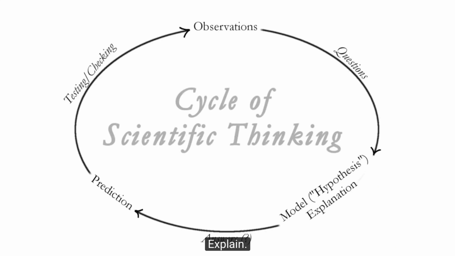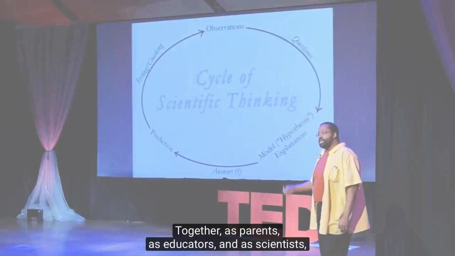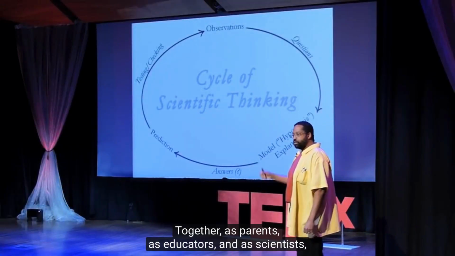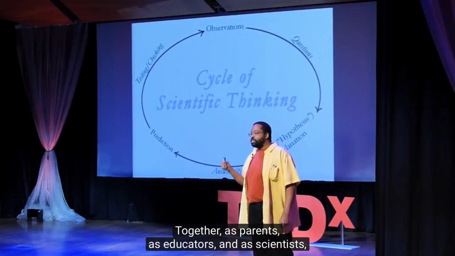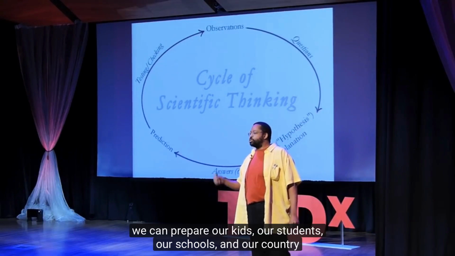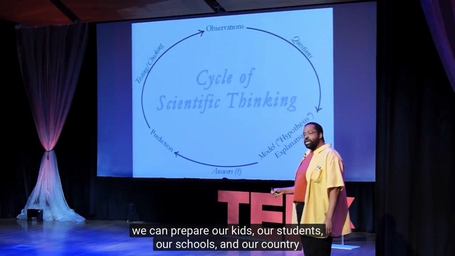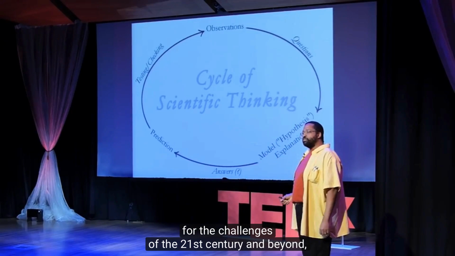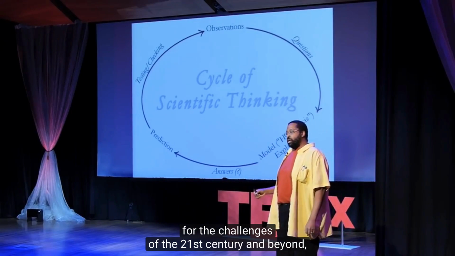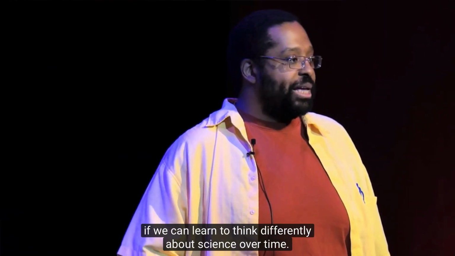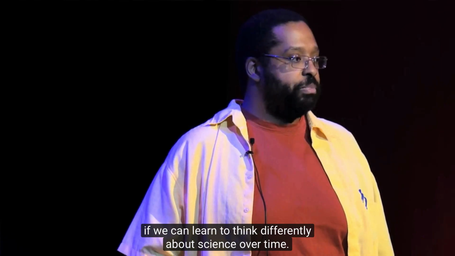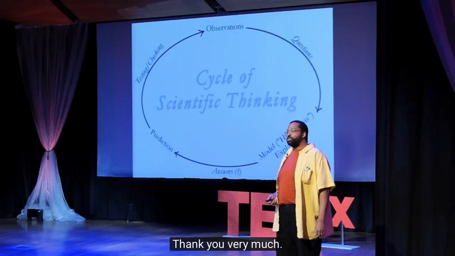Observe, explain, predict. That's enough. It's good enough. Together, as parents, as educators, and as scientists, we can prepare our kids, our students, our schools, and our country for the challenges of the 21st century and beyond, if we can learn to think differently about science over time. Thank you very much.